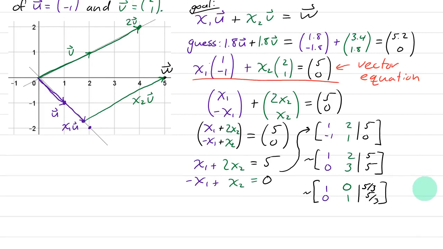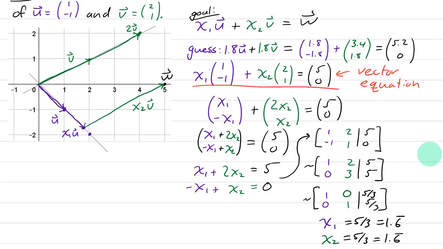So when you rewrite this as a system of equations, it gives you that x1 is equal to 5/3, also known as 1.6 repeating, and x2 is also equal to 5/3.